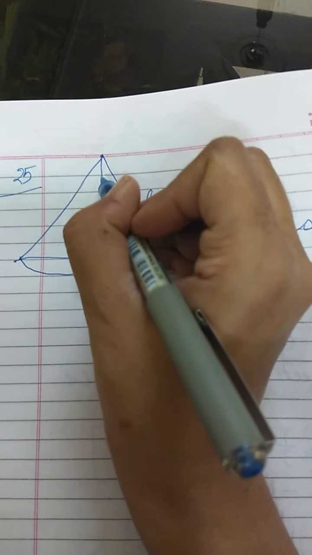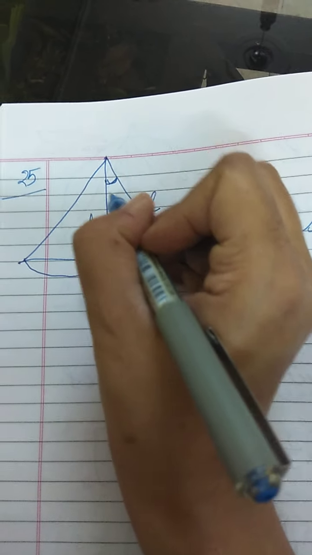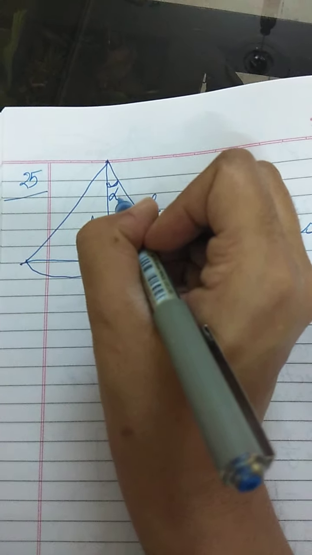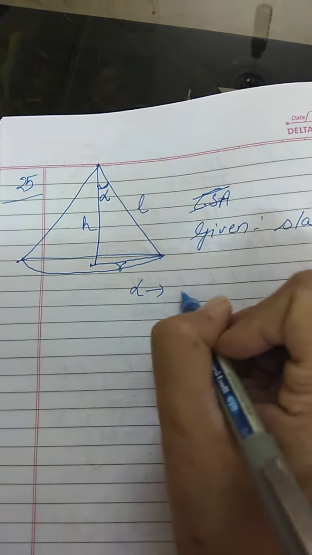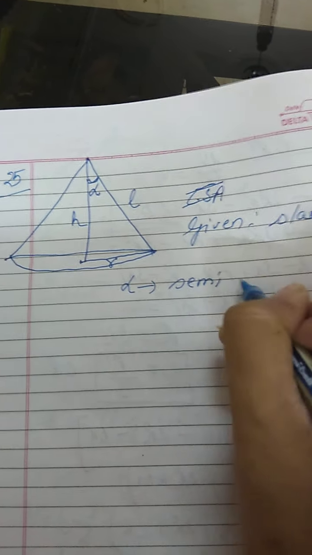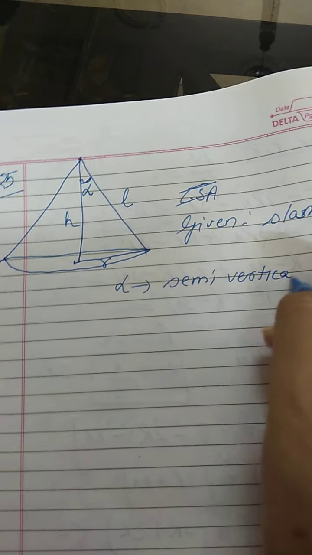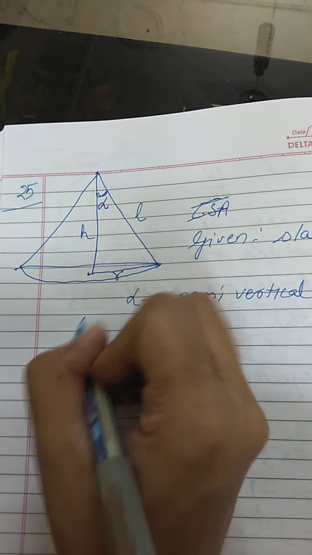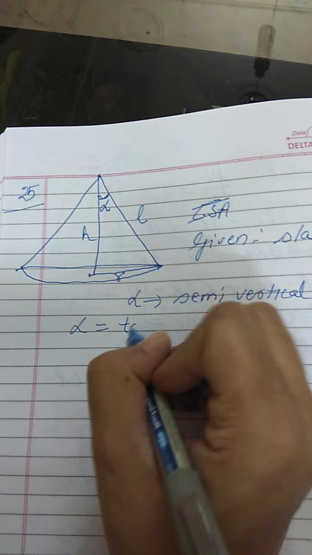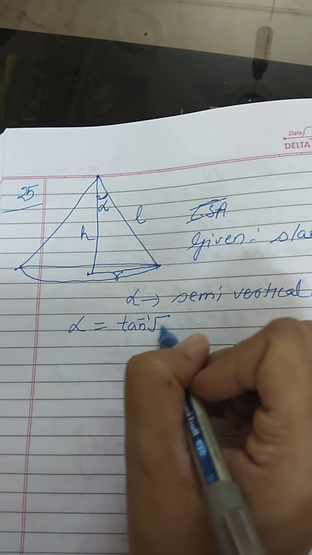And the semi-vertical angle, what will be the semi-vertical angle? The angle which the altitude of the cone is making with the slant height. If I assume, let it be alpha angle. So if alpha is the angle, semi-vertical angle, right, we have to prove that alpha is equals to tan inverse root 2.